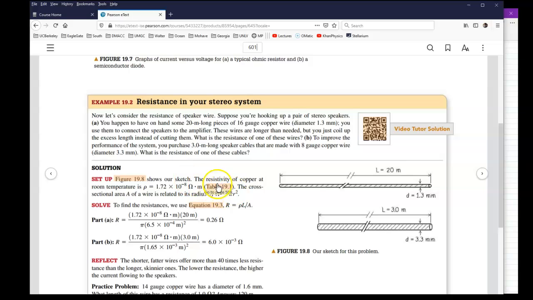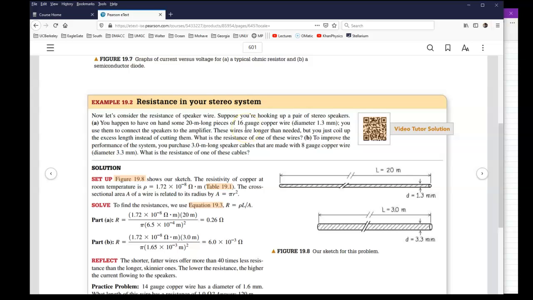Right here. Okay, it says, now let's consider the resistance of a speaker wire. Suppose you are hooking up a pair of stereo speakers. You happen to have on hand some 20-meter long pieces of 16 gauge copper wire. This 16 gauge thing is not important for our calculation.